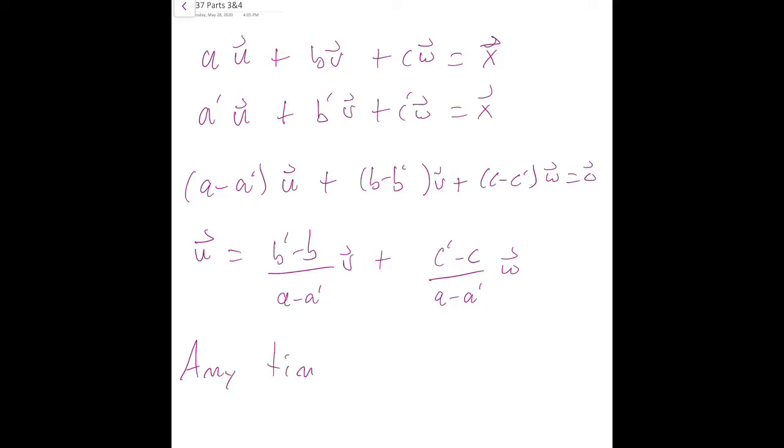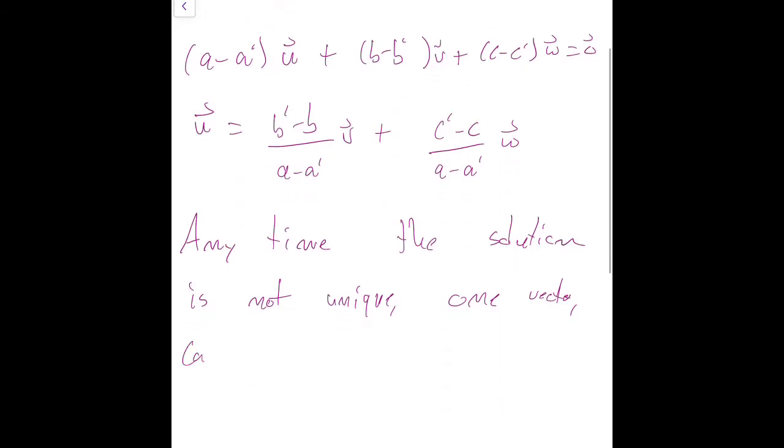Anytime the solution is not unique, one vector can be written as a linear combination of the others.